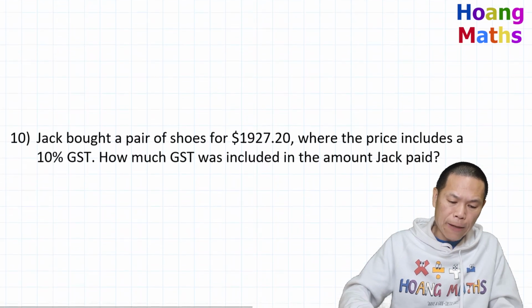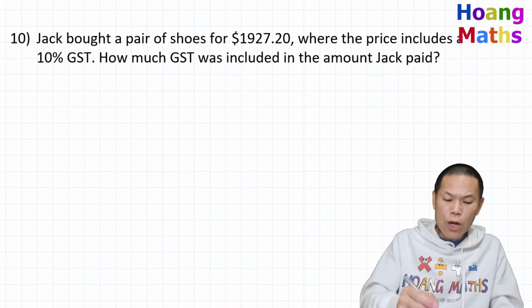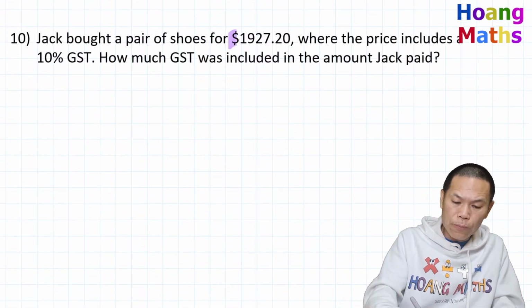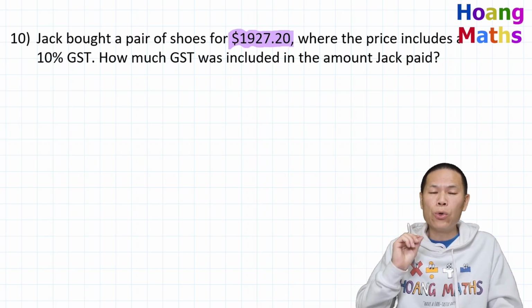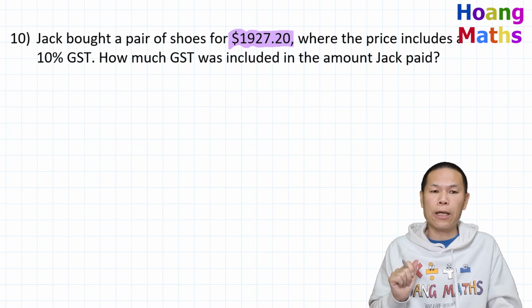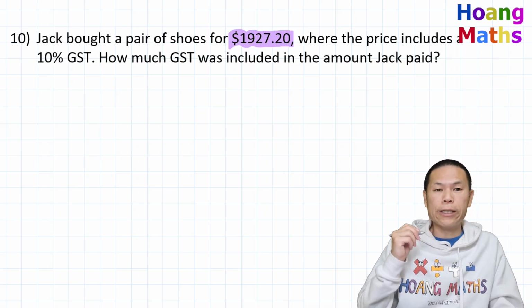Now, number 10. We know that this amount, $1,927.20, is the price including 10% GST. So that is 110%.